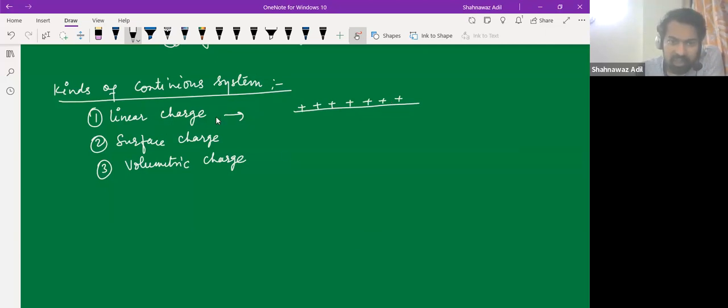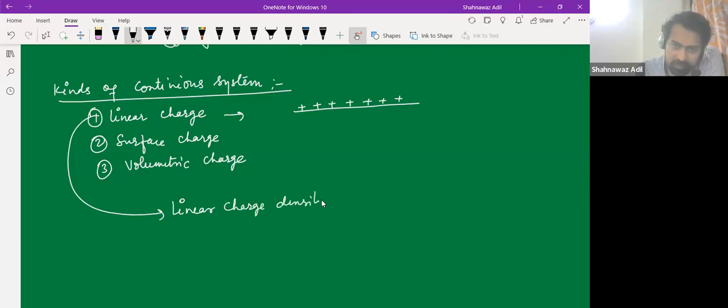For this linear charge, we define a linear charge density. So what is this linear charge density? You know what density is: something by something.